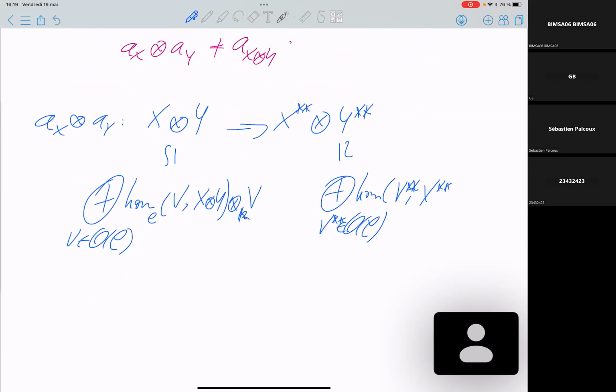So X double star tensor Y double star, for multiplicity space V double star.